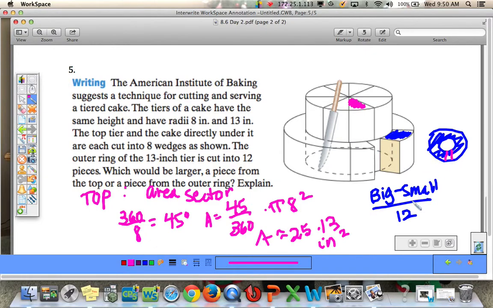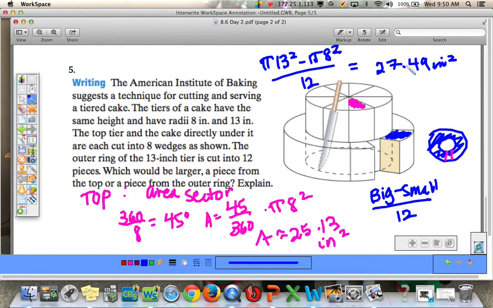So that's why we divide by 12. So this one, I'm running out of room, so I'm going to do it up top here: pi times 13 squared minus pi times 8 squared, divided by 12, and that's 27.49 inches squared. So actually the area of the outer ring piece is bigger.